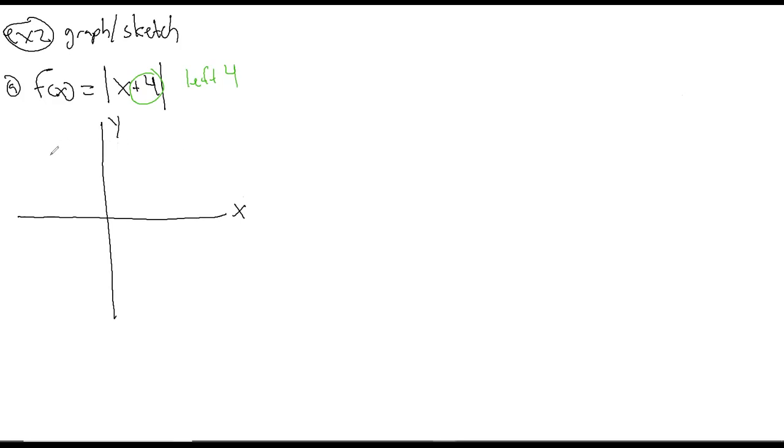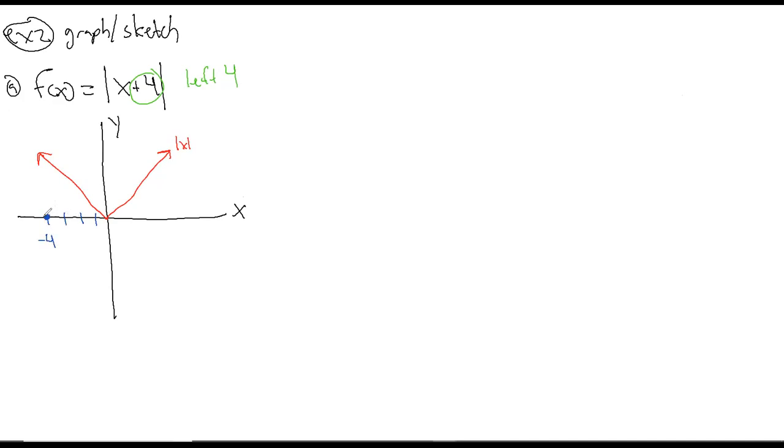Here's that absolute value of x, that is a V shape. And again, I would normally do that dotted. So that's just the absolute value of x. But we're supposed to move this thing left 4 units. So we'll go left 1, 2, 3, 4. So here's -4.